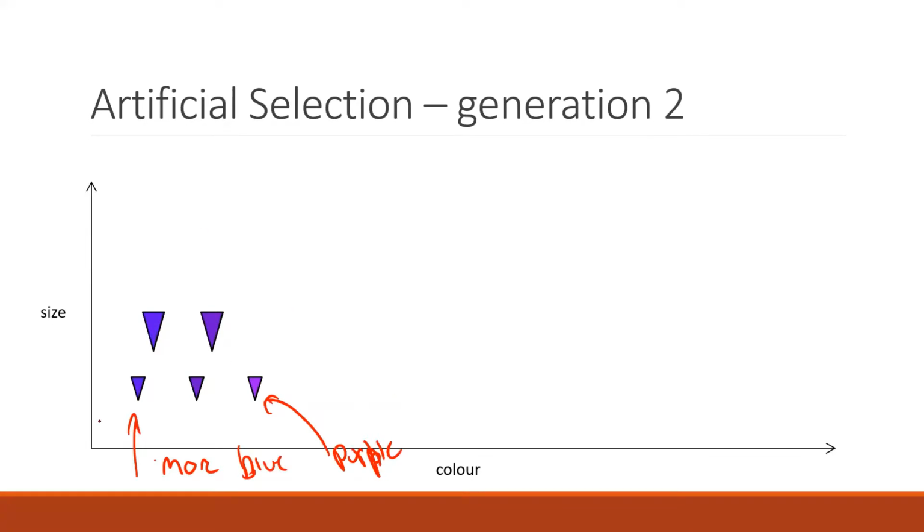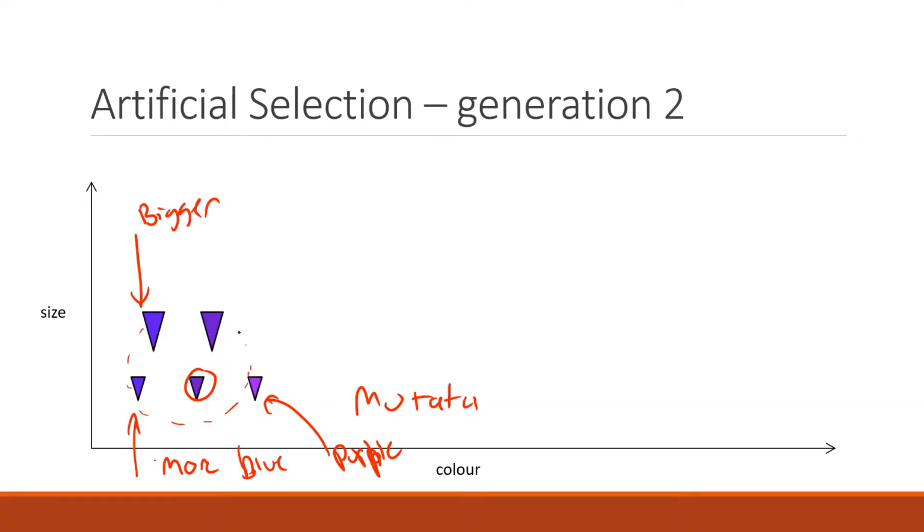Purple's a bit of a better color than blue, but it's not really that much better. But then you start to see these ones, and these are bigger. Now, these are all mutations of the same type of plant. Some of these are bigger, some are bluer, some are purple, but these are all mutations.